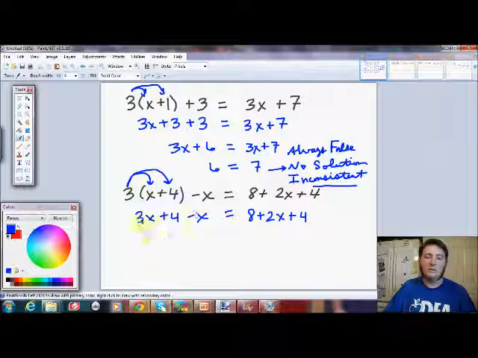Combining like terms on both sides, 3x minus x is 2x. 2x plus 4 equals, well, I made a boo-boo right there. That's not good. 3 times 4 is 12.